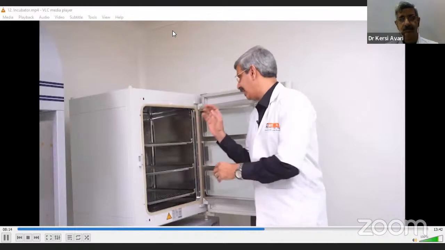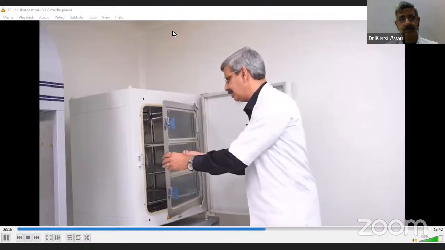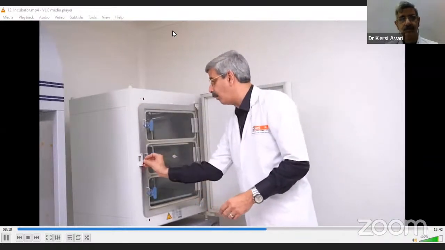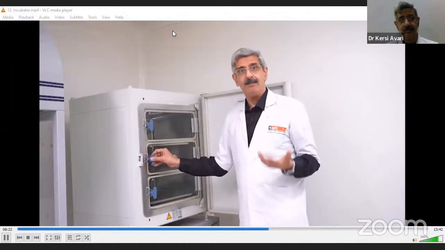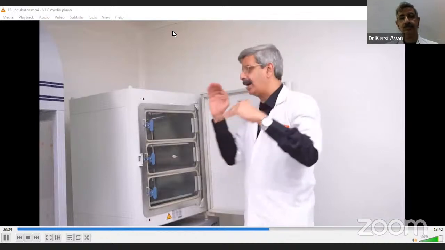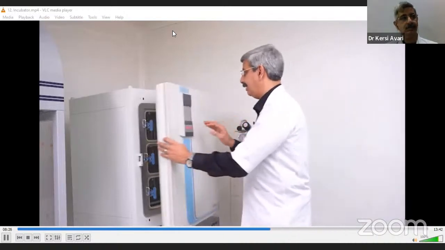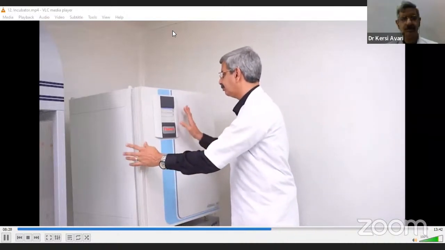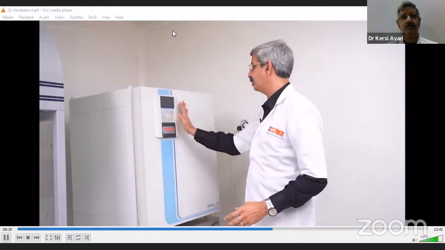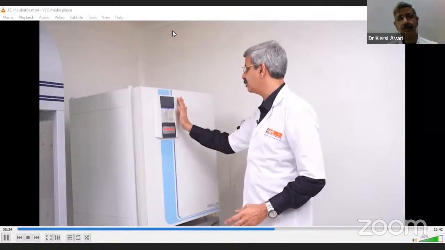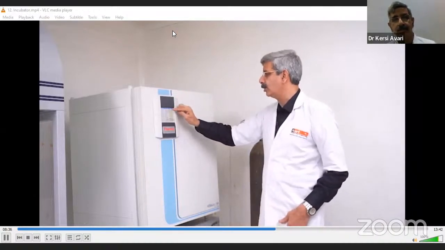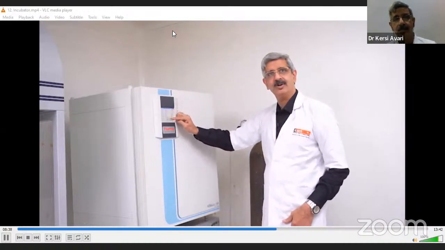Now, people say that this is a box incubator, so the frequency of us opening and closing will be quite high. Well, it's true, because for every drop, like we saw right now. Suppose I push the menu, I put in the events logging, events display. Now see here, you can see door closed, door open, door closed, door open, door closed.